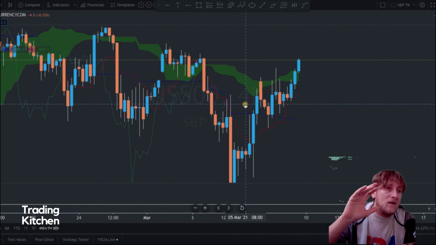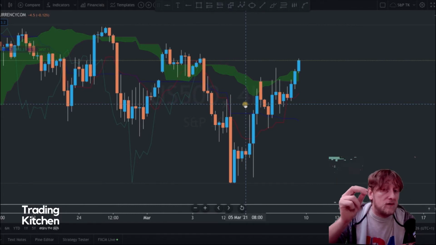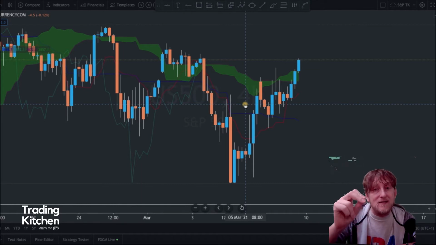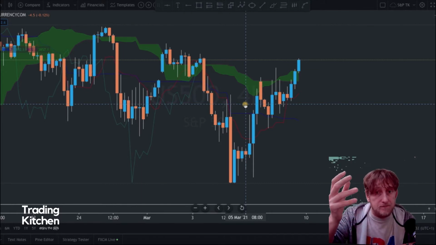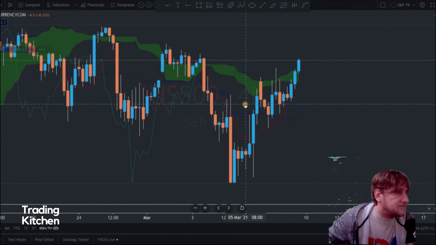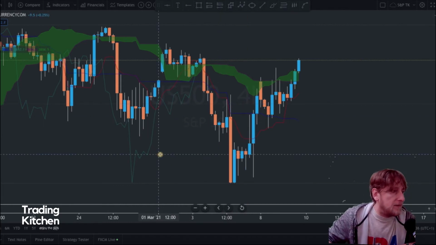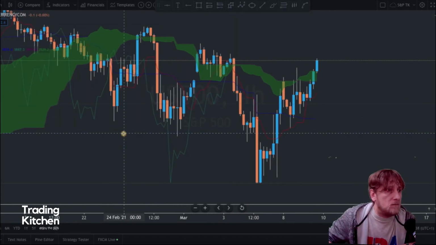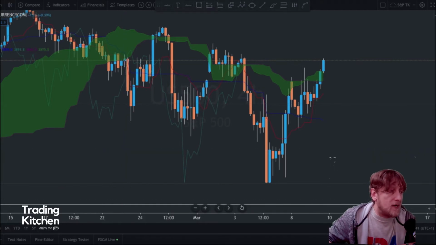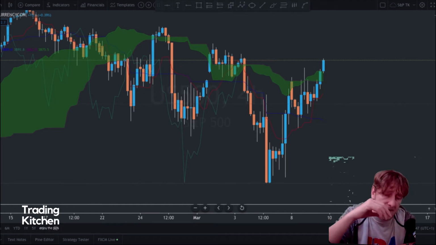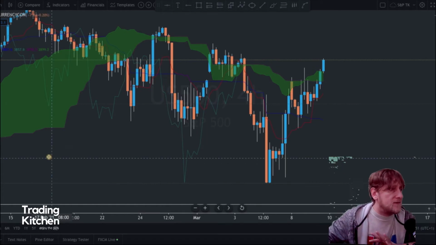Anyway, let's call it the conversion line, as the red line is the faster line. I think it has another name, maybe turning line, but I really don't remember. Anyway, it doesn't matter.